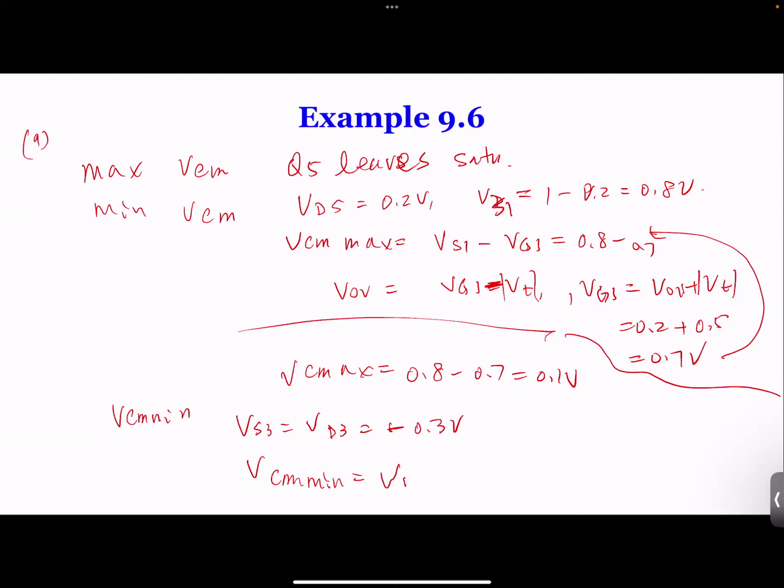VD1 minus 0.5, that's the minimum. And then 0.3 minus 0.5 gives you minus 0.8. So that's your common mode input range.